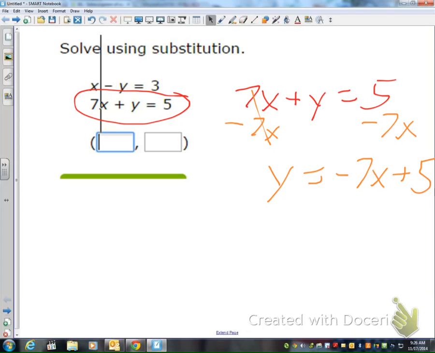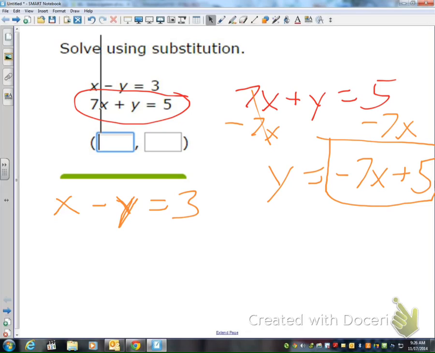Now, y equals that right there. So I'm going to take my other equation, x minus y equals 3, and I'm going to replace y with what y equals, which in this case is negative 7x plus 5.